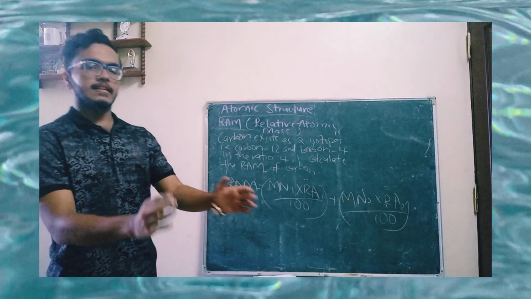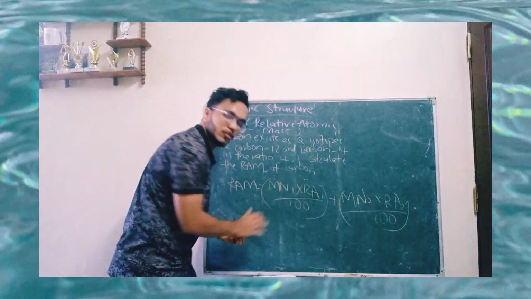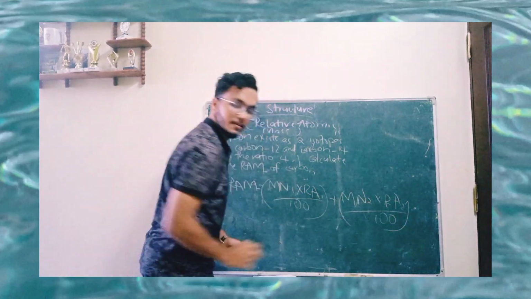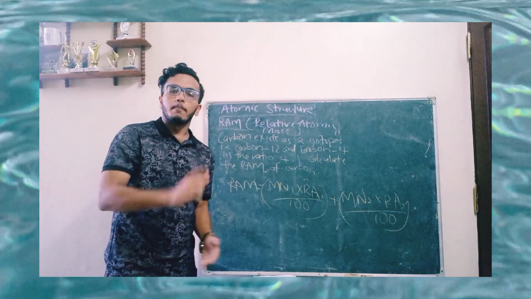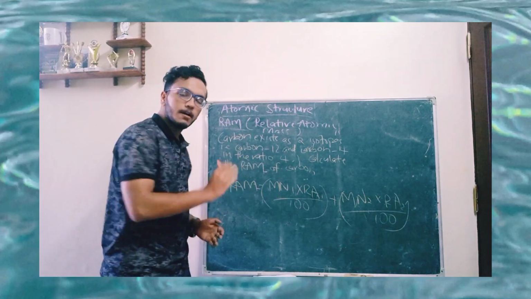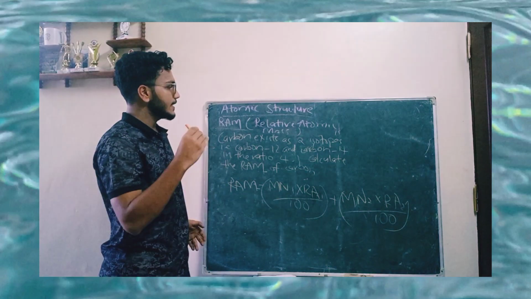Now, as we discussed, these two are calculated separately, and then they are added. What is mass number 1? Mass number 1 is the mass number of the most abundant isotope.